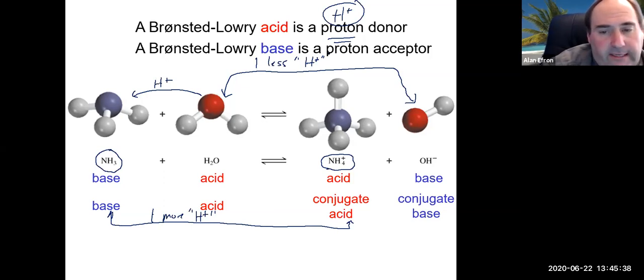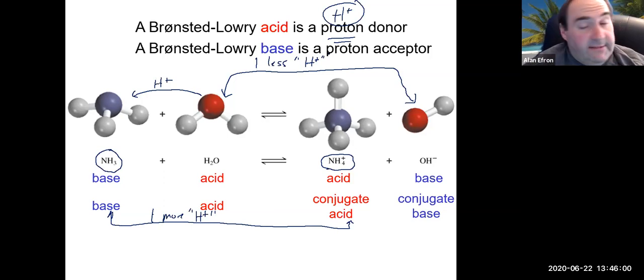The other important thing is on the left-hand side of the arrow where our reactants are, that is typically where we find our acid and our base. And on the right-hand side of the arrow is where we find our conjugate acid and our conjugate base. So again, conjugate acid and bases are found on the product side.